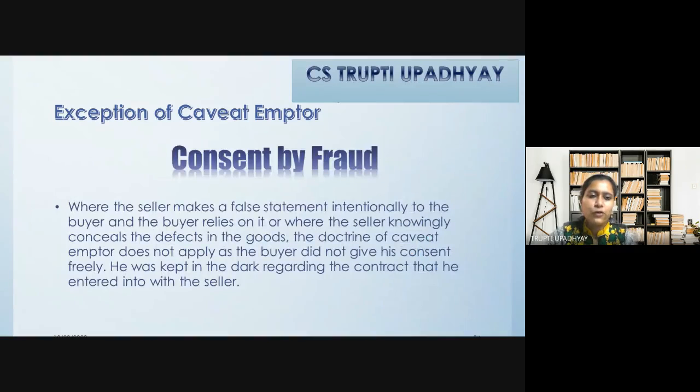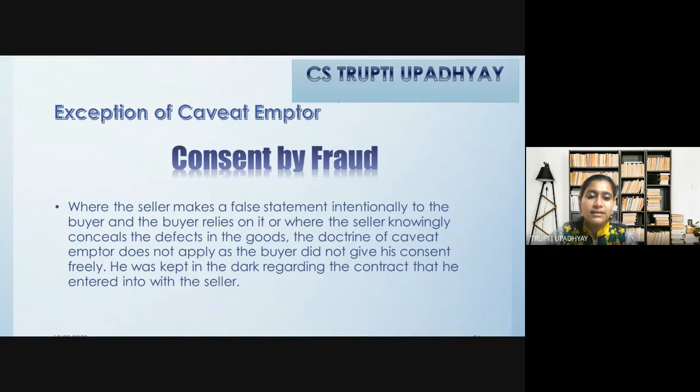Consent by fraud, where the seller makes a false statement intentionally to the buyer and the buyer relies on it, or where the seller knowingly conceals the defects in the goods, the doctrine of caveat emptor does not apply, as the buyer did not give his consent freely. He was kept in the dark regarding the contract that he entered into with the seller.